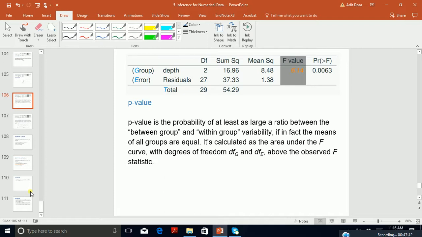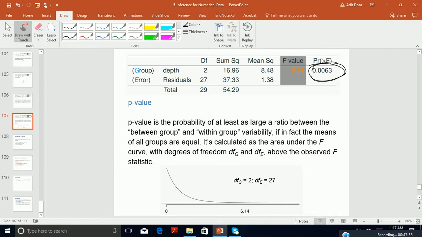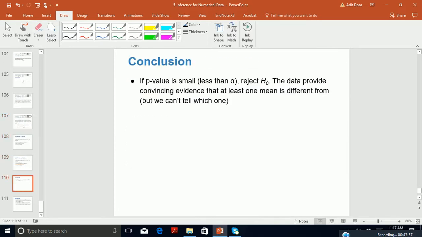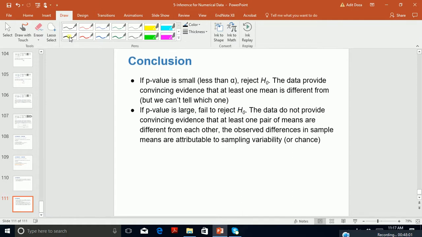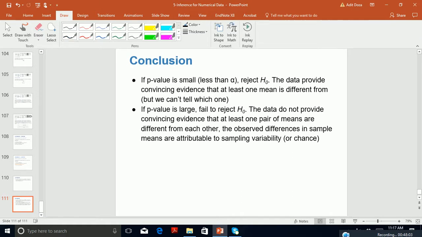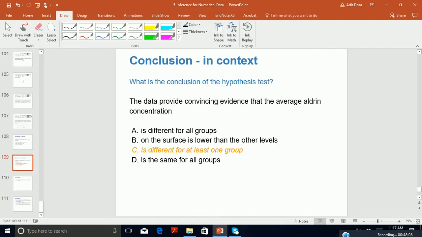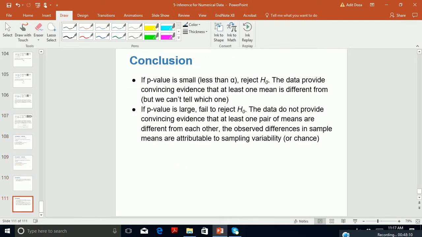So I will show you the f table, the t table, as well as the normal table, and we will see how they calculate the p value from there. Okay. So if p value is small, we reject. We already know this. So you guys can read the last 3 slides yourself. These are the same things that we have talked about.